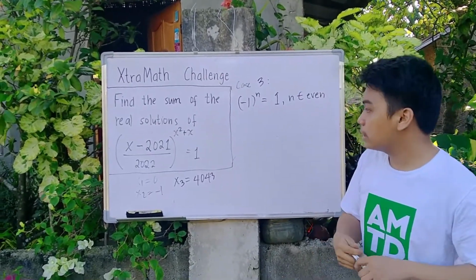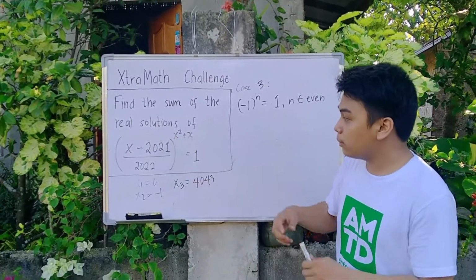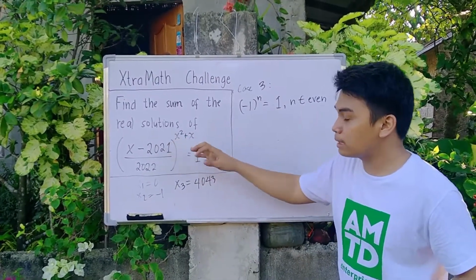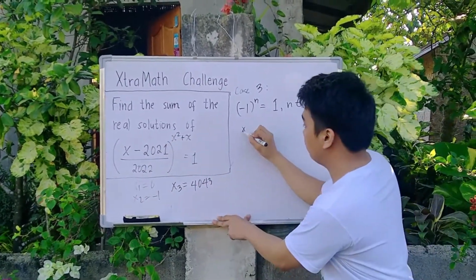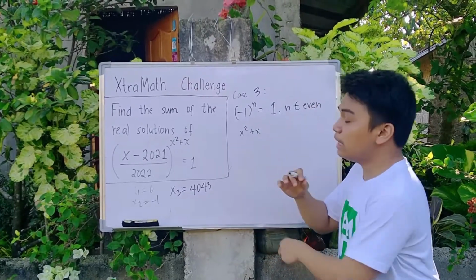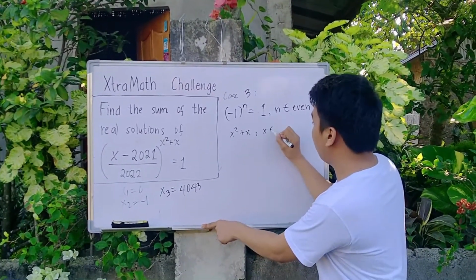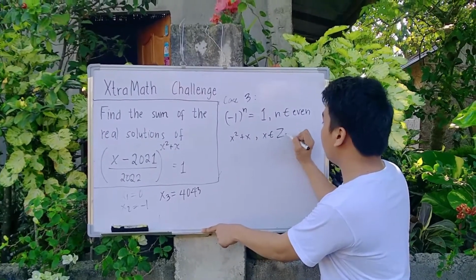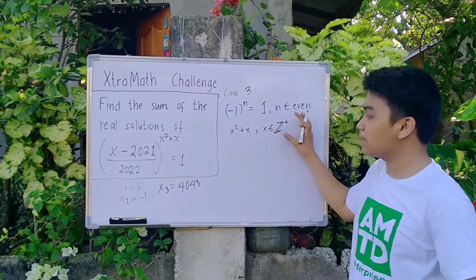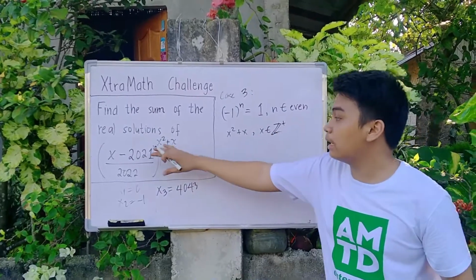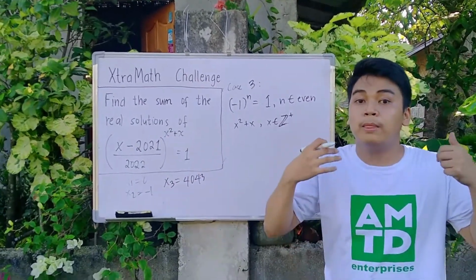Ngayon, kung etong x squared plus x na exponent natin, kahit anong positive integer yung ilagay natin dito, yung result natin dito is always equal to even integer.